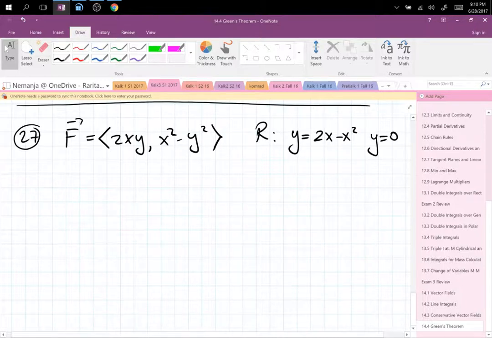I've seen many times, 2y minus 2y. Yeah, that's zero. Divergence is zero. Done. There's no source and no flux. Nothing radiates.